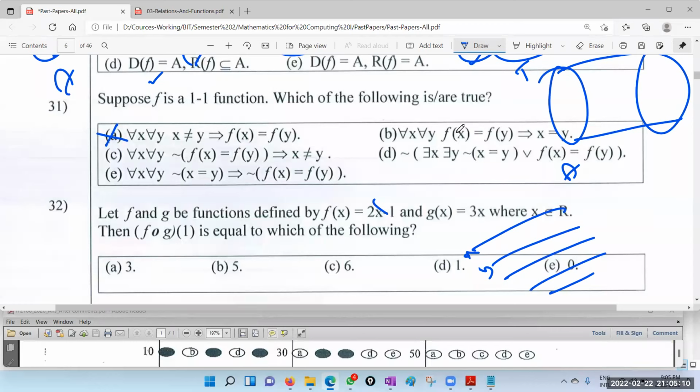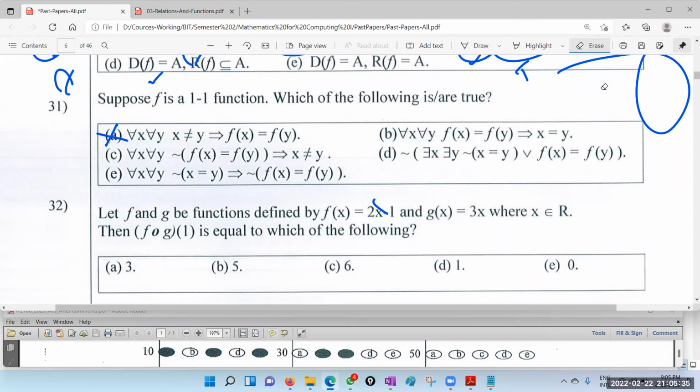Okay. For all x, all y, when fx equals fy, then x and y must also be the same. Yes, right? If fx and fy are the same, say it's something like this. Let me delete this. So this is a tricky question again.